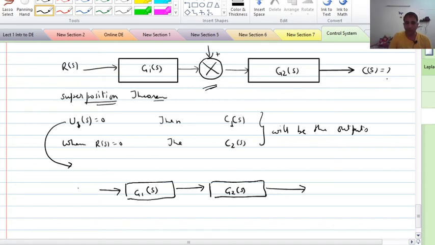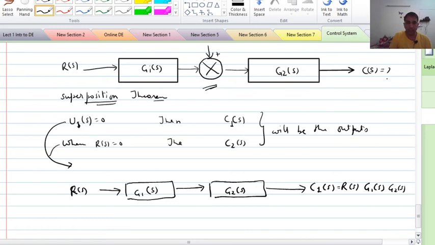So we will get the output C1s equals Rs G1s into G2s.